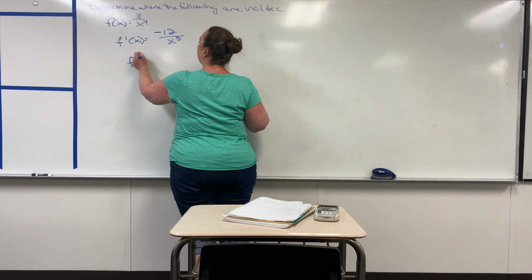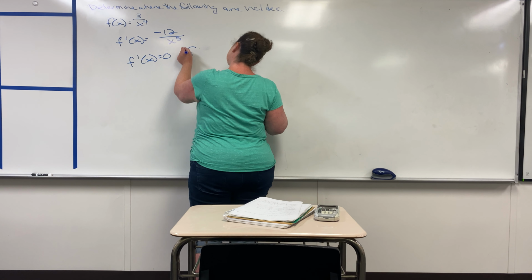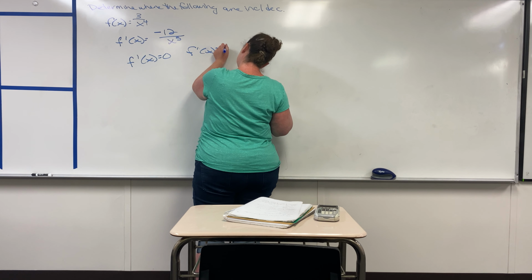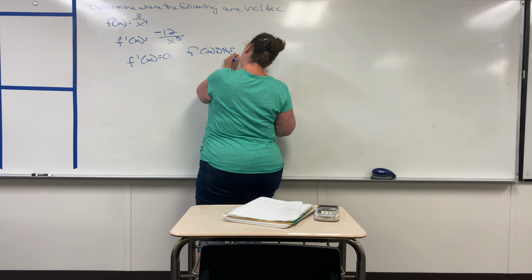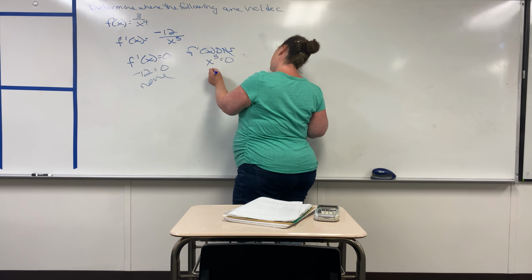Now you have to see where it's 0, where it doesn't exist. So this is a rational function, so to see where it's 0, you set the top equal to 0. That's useless. To see where it doesn't exist, you want to set the bottom equal to 0. So then x is 0.